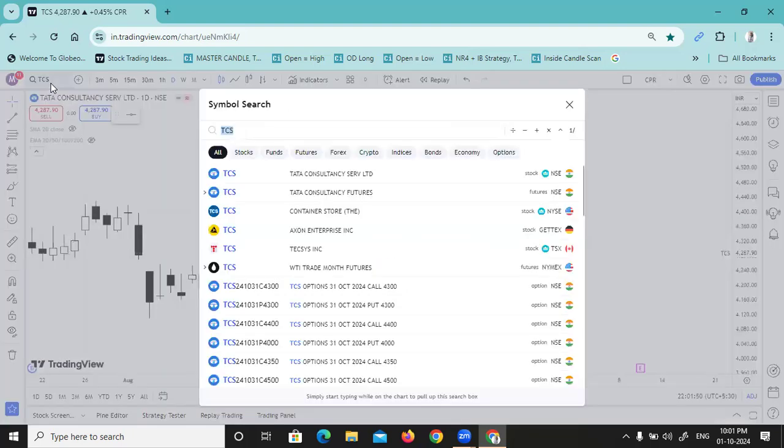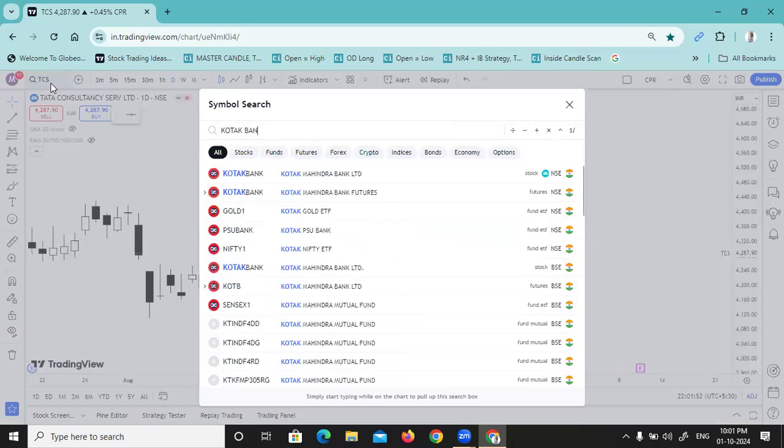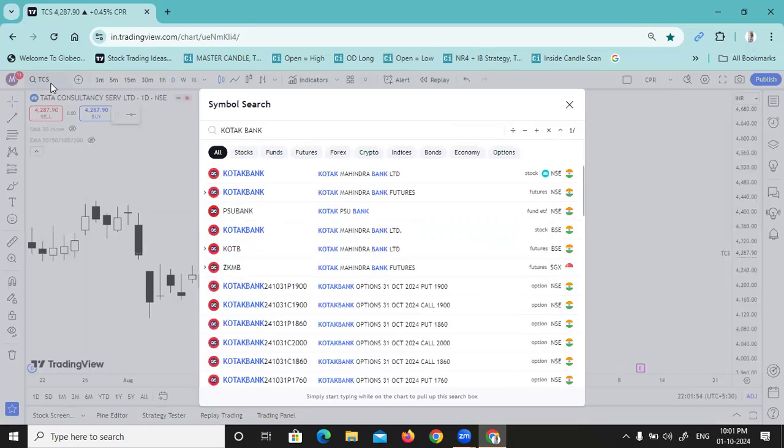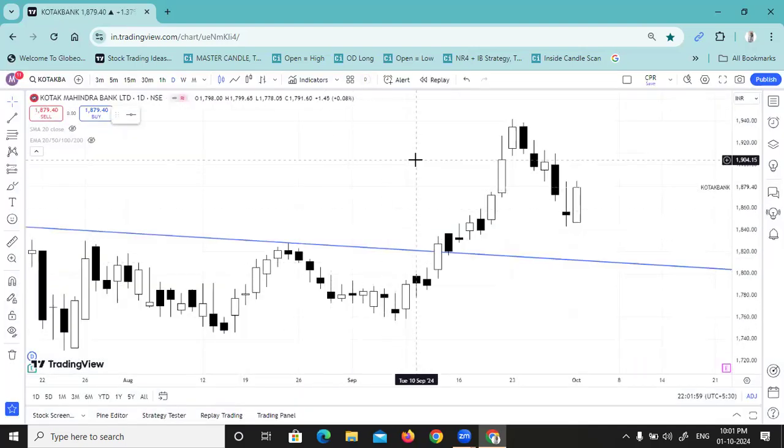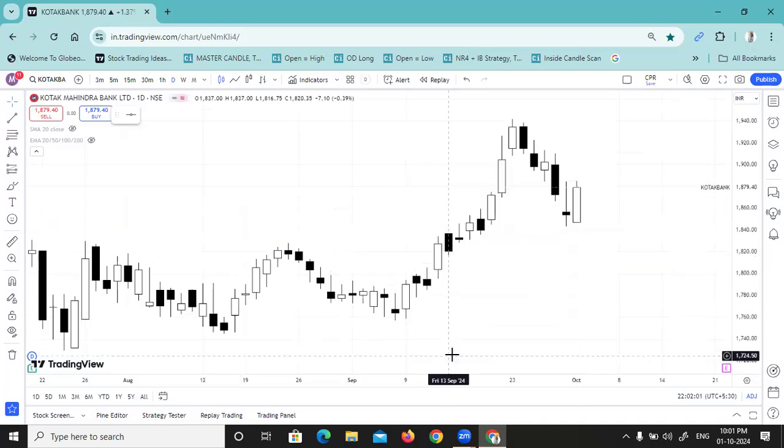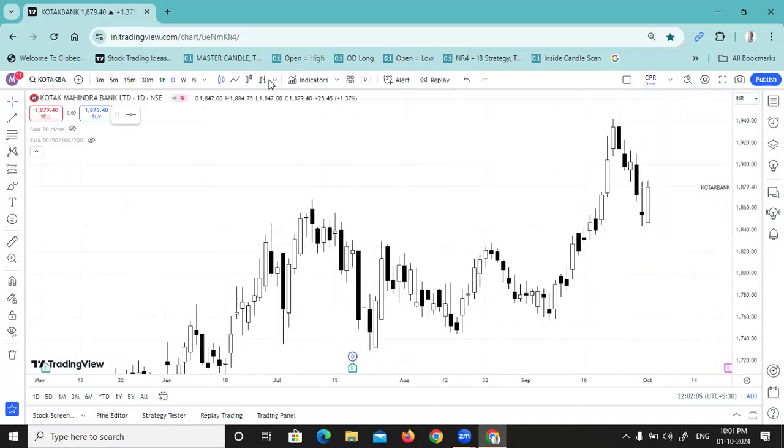Let me show you now the graph of first Kotak Bank. How to select a stock? That also we will discuss slowly and gradually, I will cover everything. How you have to search for stocks, that point I will also discuss.